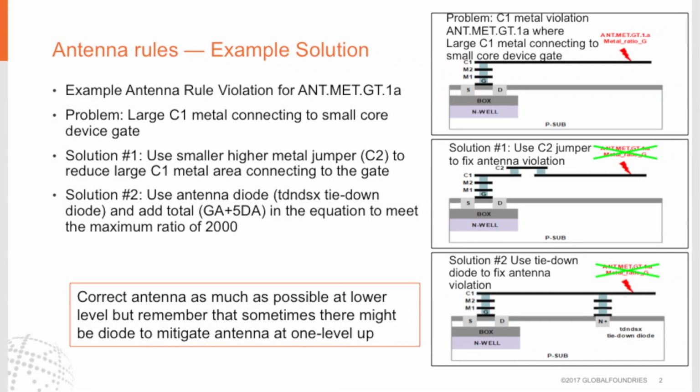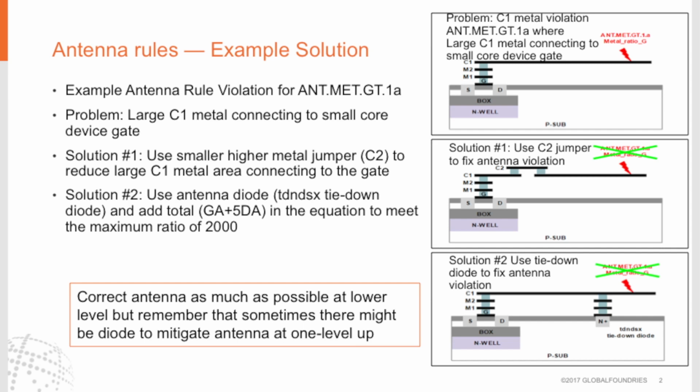So here's an example of a solution. The problem is shown in the drawing on the top right, where the ratio between the C1 layer and the gate is too high. One solution, shown as solution 2 in the middle on the right, is to break the C1 layer and go up to C2 before going back down to C1.